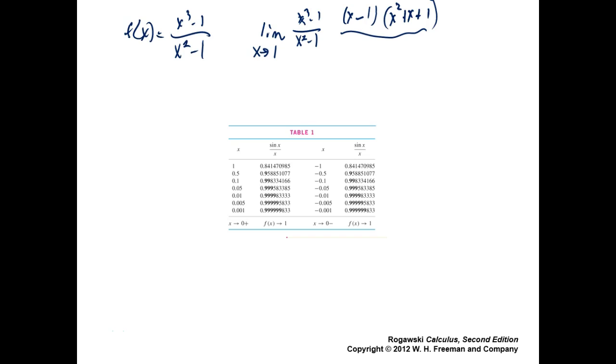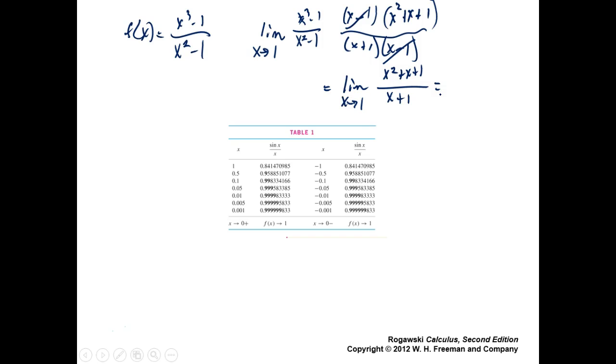Now, you know how to do the factorization of the difference of two squares. And now you see the x minus 1s can go out. So that gives you the limit as x approaches 1 of x squared plus x plus 1 over x plus 1.